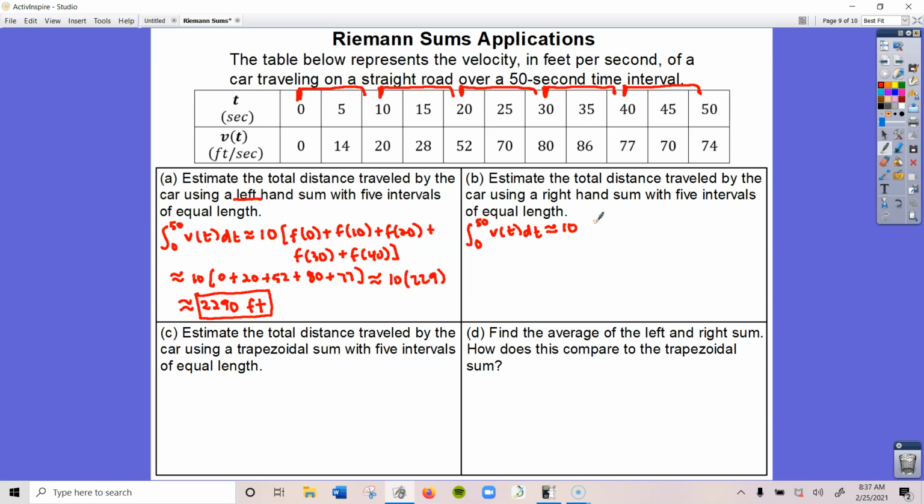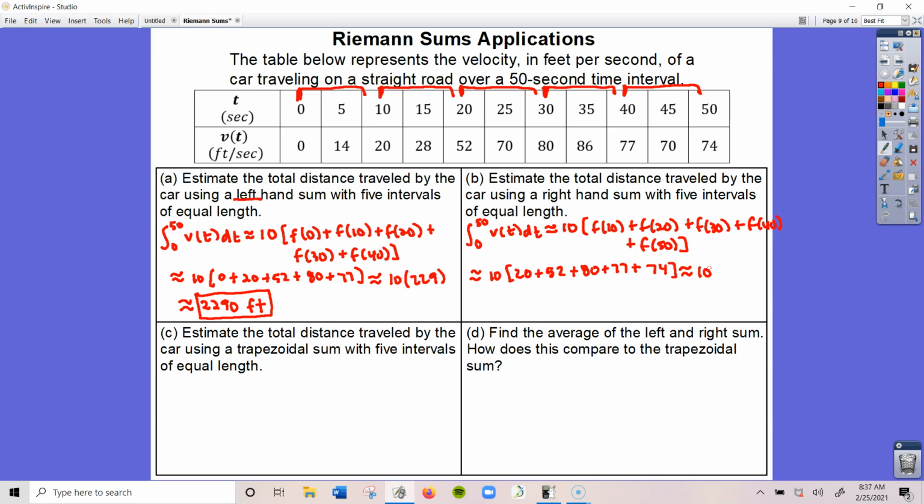Each interval is 10 units. So we're using, again, 10 times f of 10 plus f of 20 plus f of 30 plus f of 40 plus f of 50. Now we're going to plug in those values. So 10 times f of 10, which is 20, plus f of 20, which is 52, plus f of 30, which is 80, plus f of 40, which is 77, plus f of 50, which is 74.